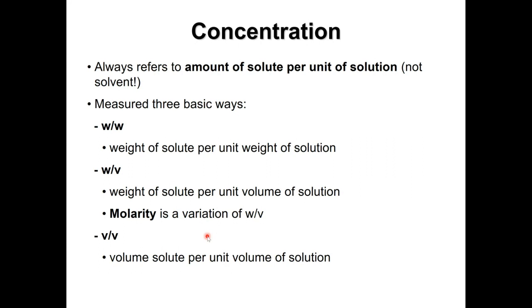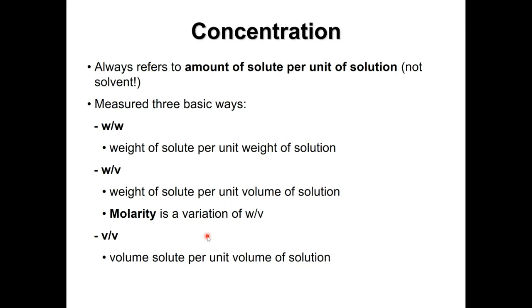So there are ultimately three basic ways in which the concentration, so the amount of solute per unit of solution, and I stress unit of solution, not solvent. So it would include solution, both the solvent and the solute. So it can be expressed in three main ways. Okay, and all the variables that you find out there, they all belong to one of these three ways.